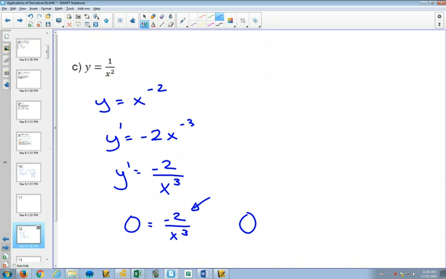Right? Multiply both sides by x³ and you'd get 0 equals -2. And you're kind of like, is that true? No, it's a problem. And anytime you come up with a major contradiction like this in a math problem, either it means you made a mistake earlier and you got to go check your work, or it means that there is no solution. And that's the case here. This never works. It never equals 0.